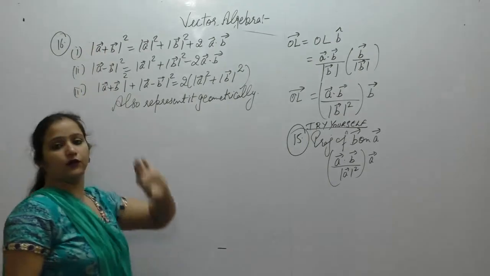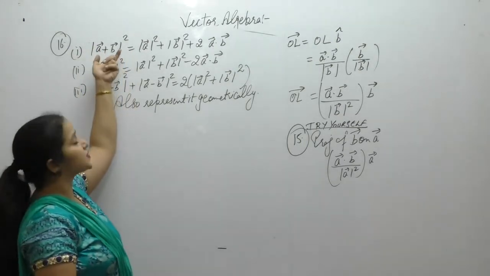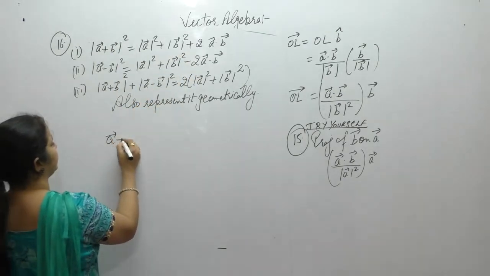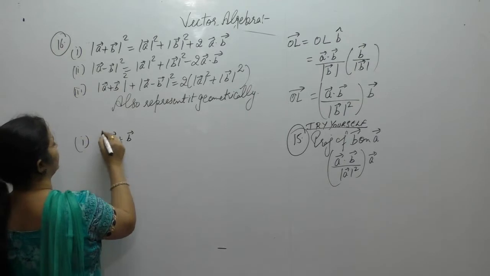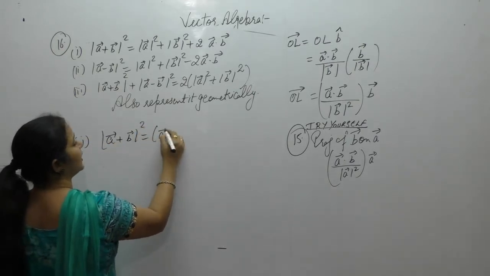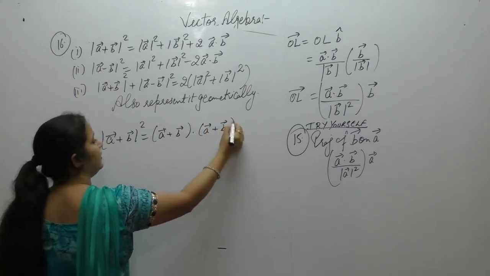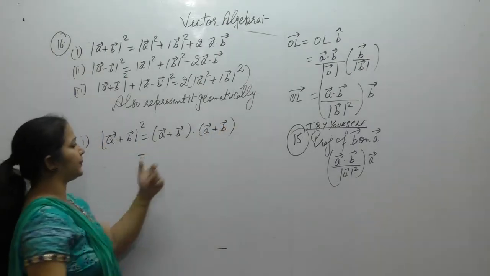In the first part, we want to prove that the modulus of the sum of two vectors square is equal to this. A plus B whole square, we can write as A plus B into A plus B. Now take the dot product.